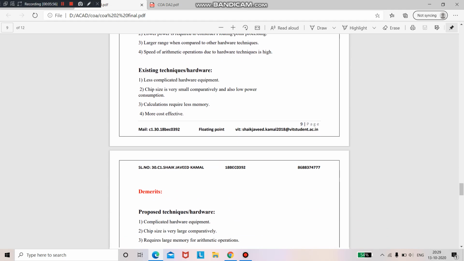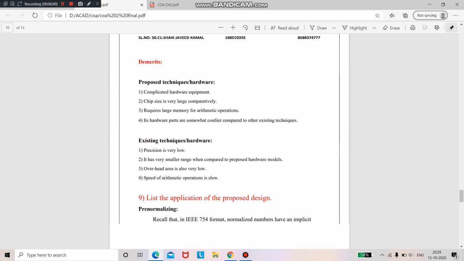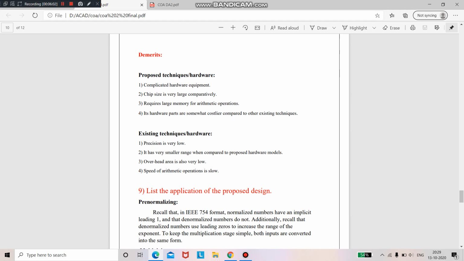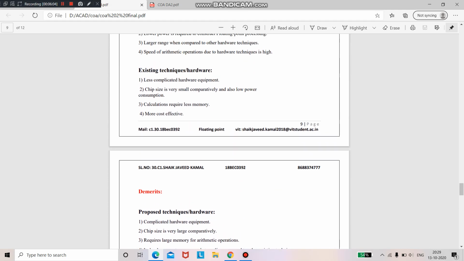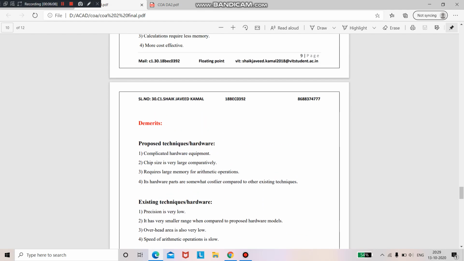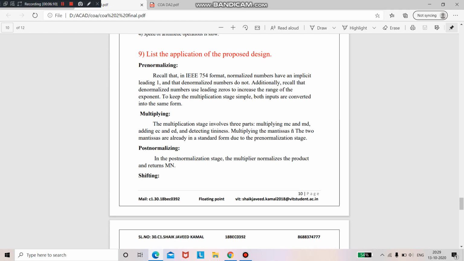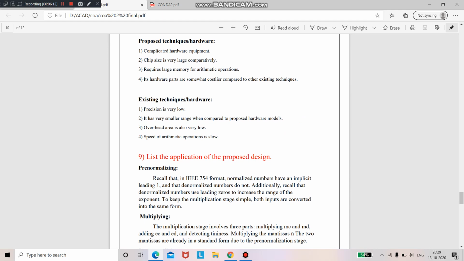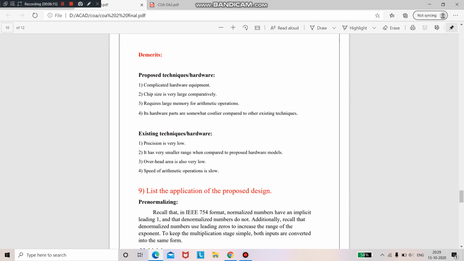That is a merit, whereas there are demerits also. Coming to the existing technique hardware, I have compared everything clearly here, the proposed technique hardware and the existing technique hardware.